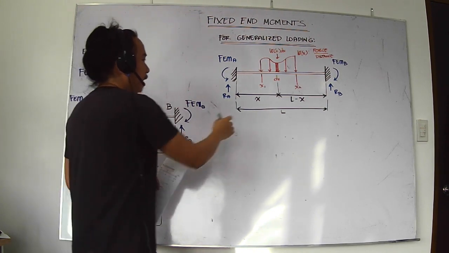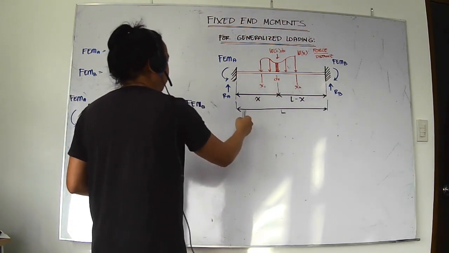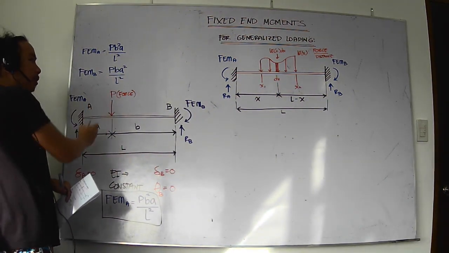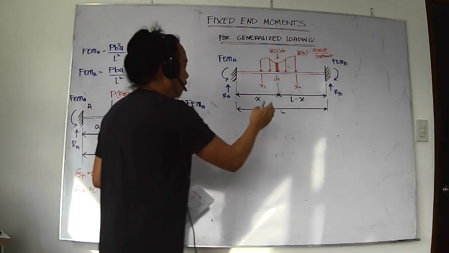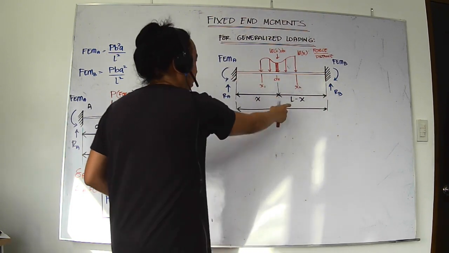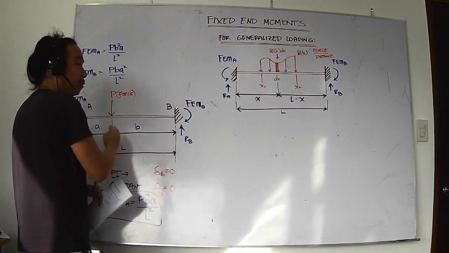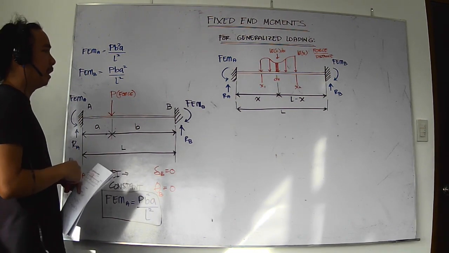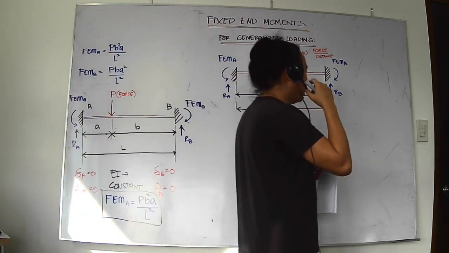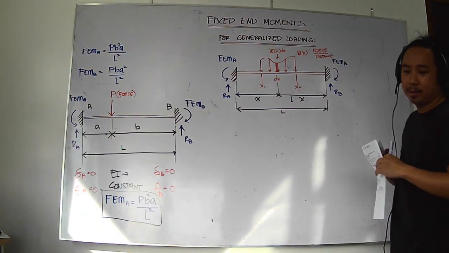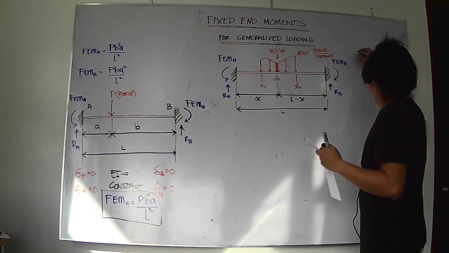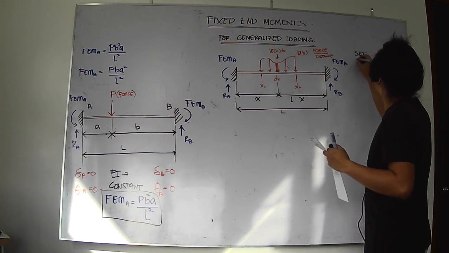Then the distance from the support to the force: A is the distance from the left support to the force, right? And B is, from the rightmost support, the distance to it, L minus x. There are a lot of similarities, so we can use our imagination to derive another equation. Let us set things out.